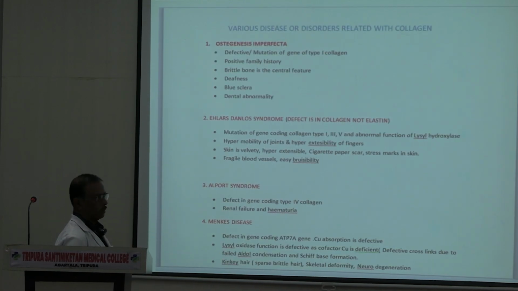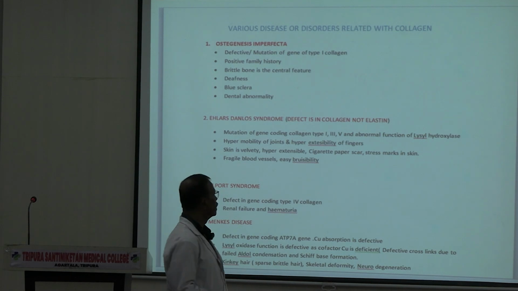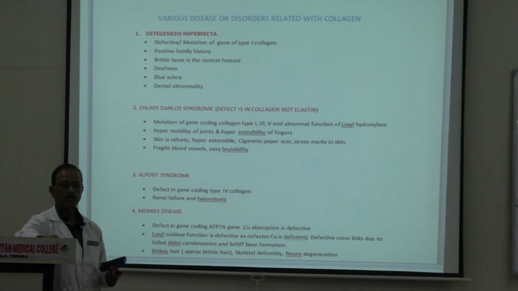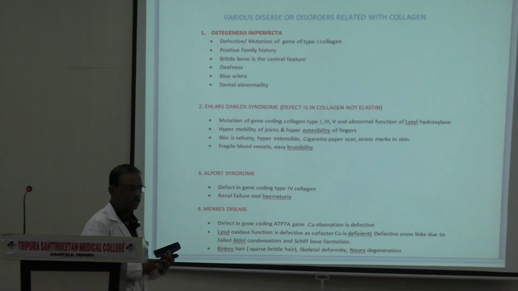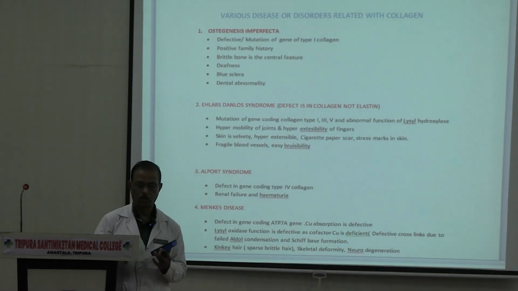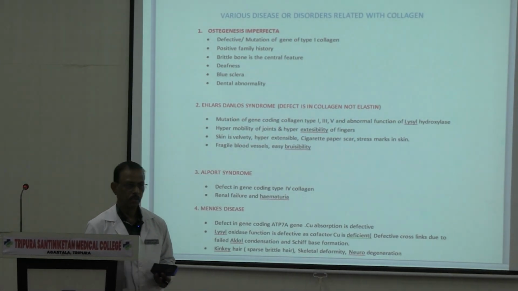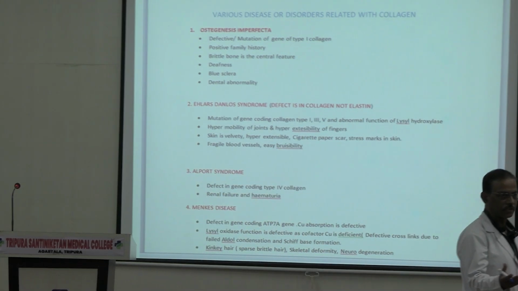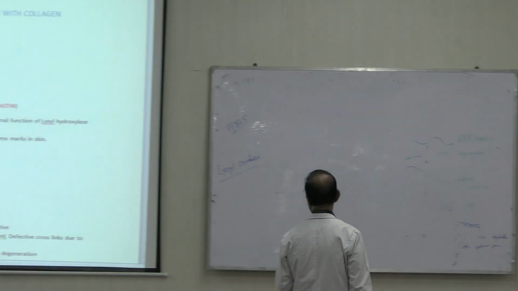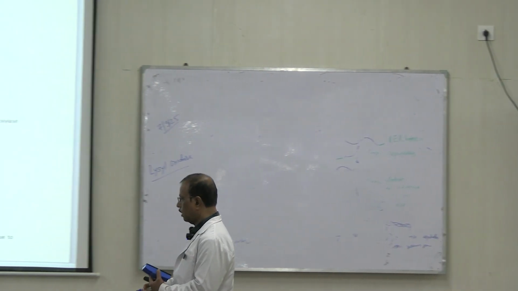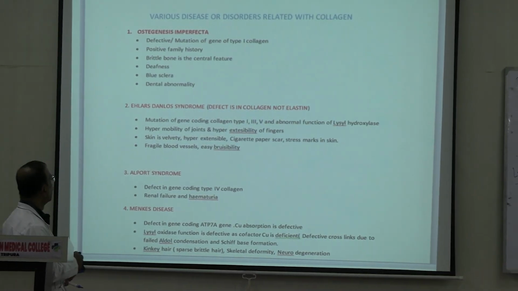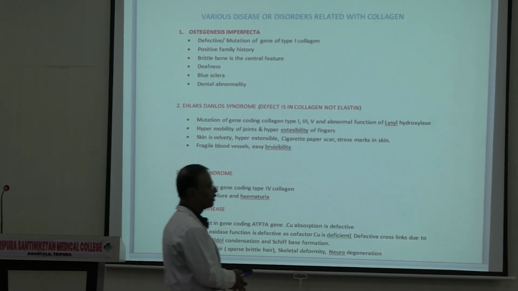Now, various disorders associated with collagen. Number one is osteogenesis imperfecta. Osteogenesis is related to bone development, imperfecta means imperfect bone development. So this is osteogenesis imperfecta due to mutation of the gene of type 1 collagen.